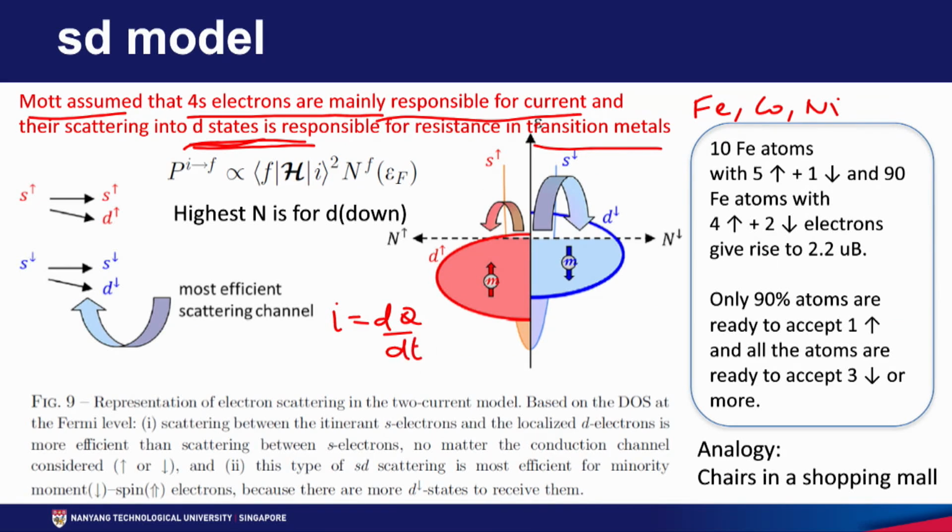If a lot of charges flow in a particular direction, we have a large current, but if charges get scattered into some localized state, then they are not flowing. So that is why we have a lower current. If you apply a voltage, the current will be lower.